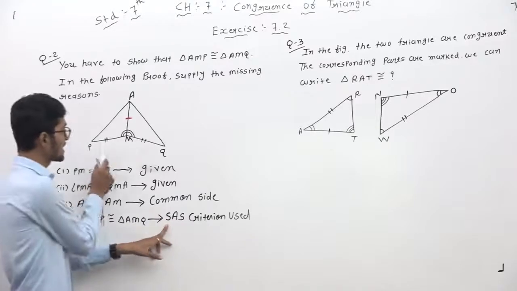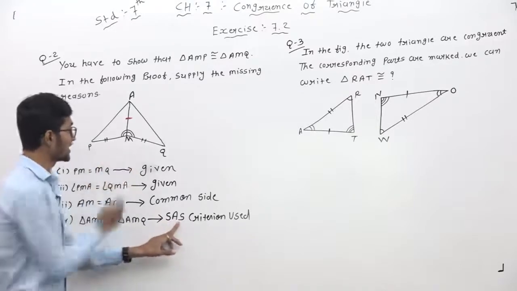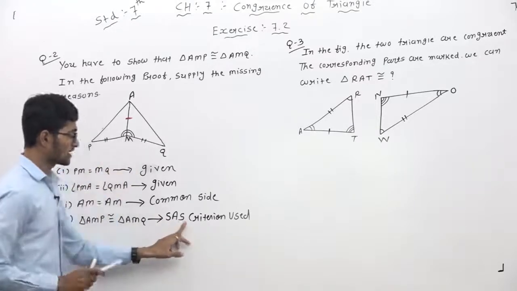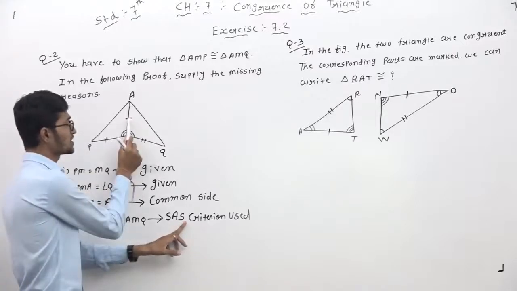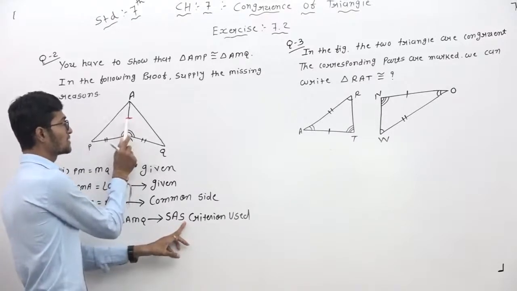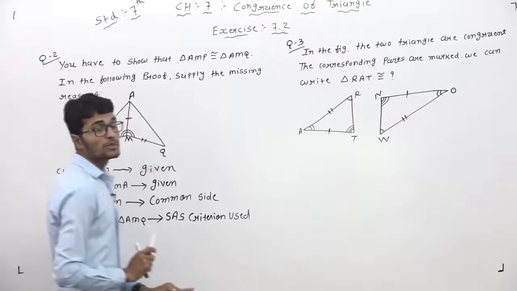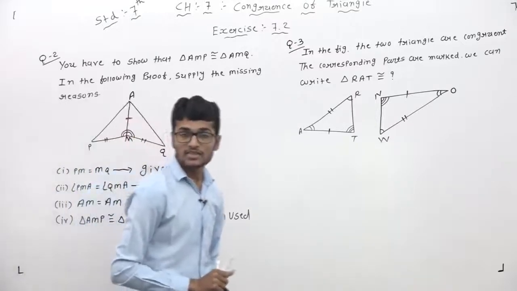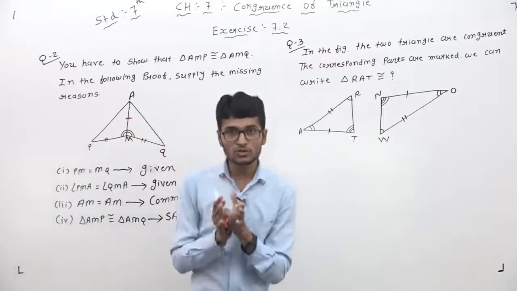S means sides, so these two are also sides. A means angle, so this one is the angle, and S for the other side. Here there is only one line. This means AM is included in both triangles. Understand? Clear in question number 2?